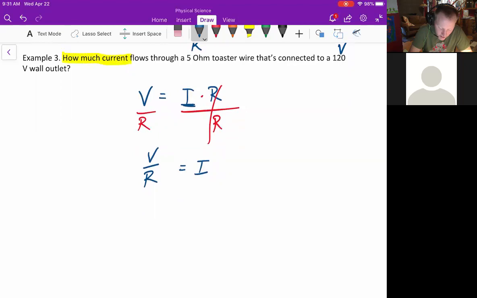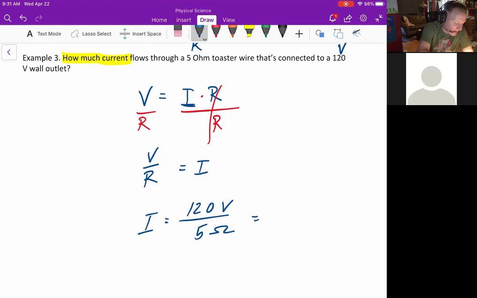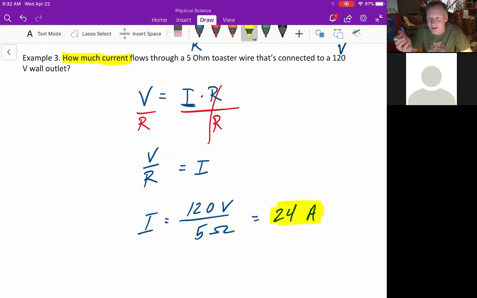So I take my 120 volts and divide it by my 5 ohms. That's 24, and the units for current are amps. Again, don't forget that space in between them, but otherwise the calculation's really that simple, and those are the only three that I can ask you about.